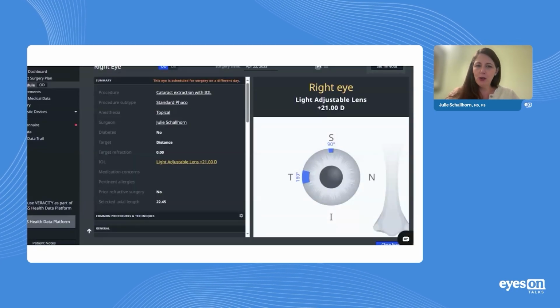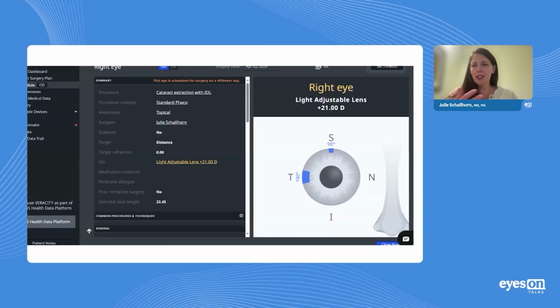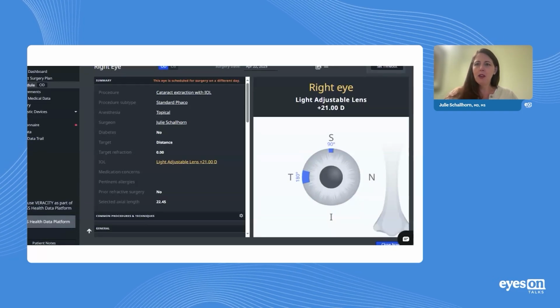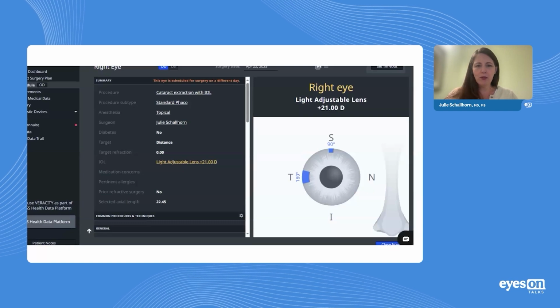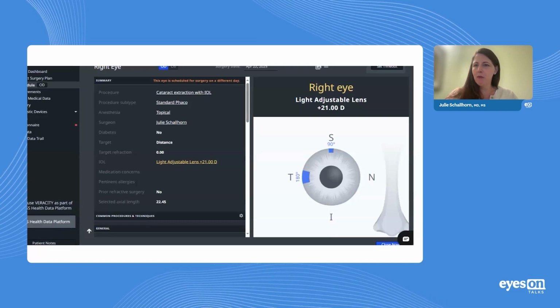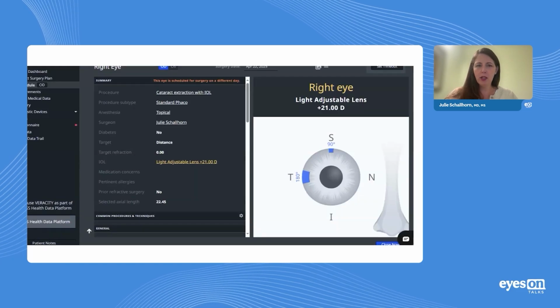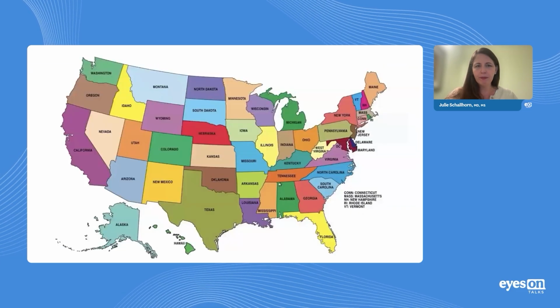My OR nurses also love it because it's easy for them to verify the implant to make sure that the correct implant is in the room. They don't need to be shuffling through sheets of paper. They can just look at the plan for that patient, look at the box of the IOL and say, okay, this is the IOL that is for this patient.